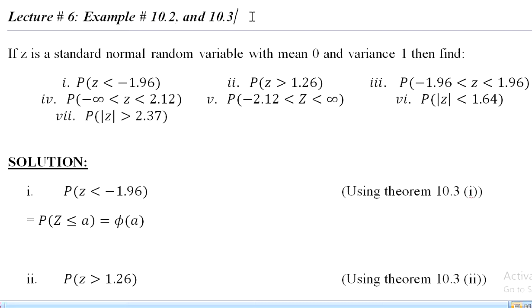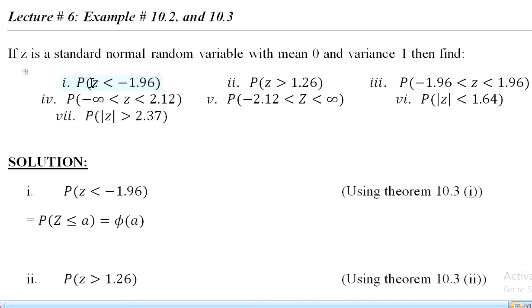I have merged different parts from both the examples and made a single question: if Z is a standard normal random variable with mean 0 and variance 1, then find the probability, it's a cumulative probability. Remember, in our previous lecture we talked about the exact probability or the ordinate, which we solved by using table number 7.